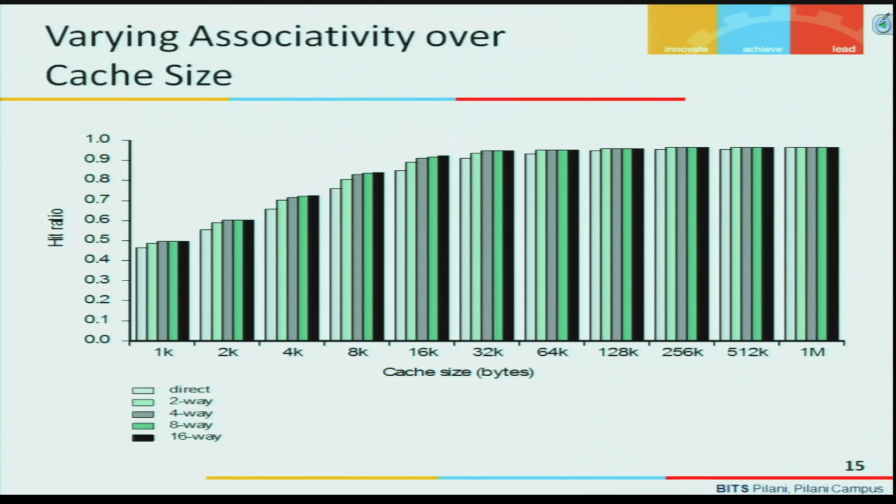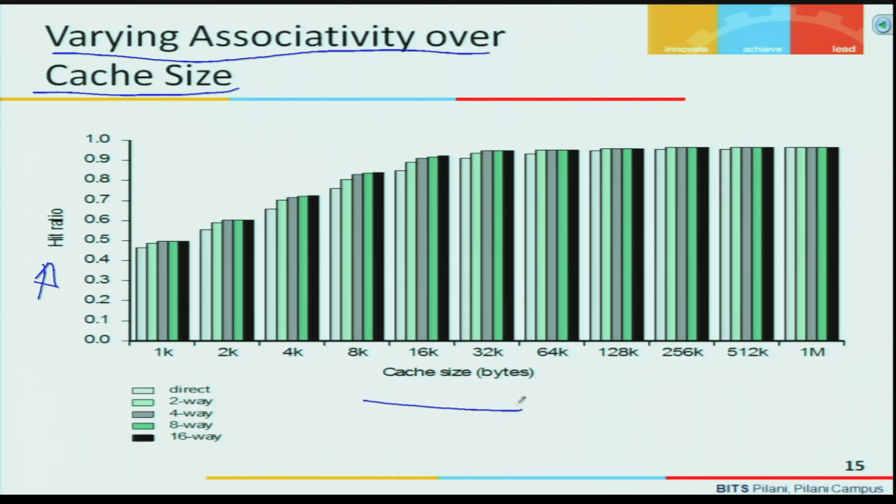In this picture, let us look at how the hit ratio varies with associativity over the cache memory size. The x axis shows the size of the cache memory, increasing from 1K, 2K up to 1M, and the y axis shows the hit ratio. Hit ratio indicates the amount of references generated by the processor that are found in the cache memory.